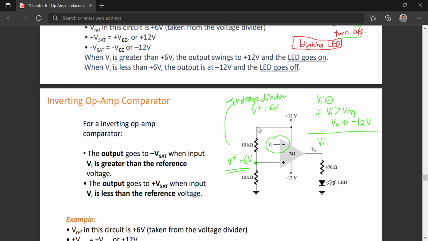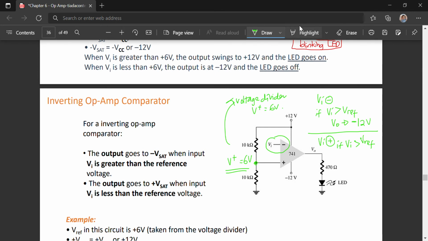However, if Vin is less than Vref, Vout will be positive.